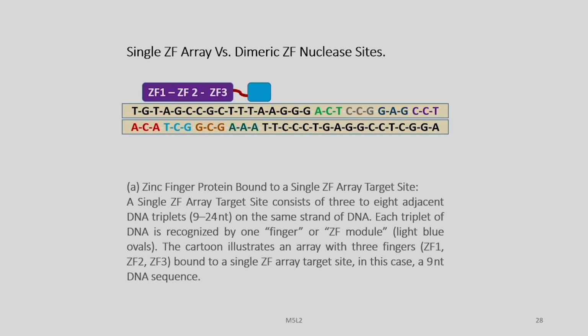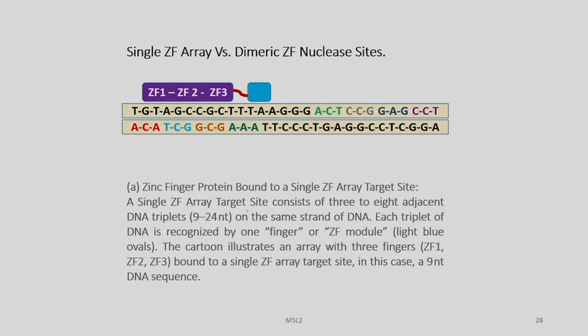So, single ZF array versus dimeric ZF nuclease sites. So, here you see a single ZF array comprising of 3 fingers binding to one of the strands. So, zinc finger protein bound to a single ZF array target site as shown in this picture.